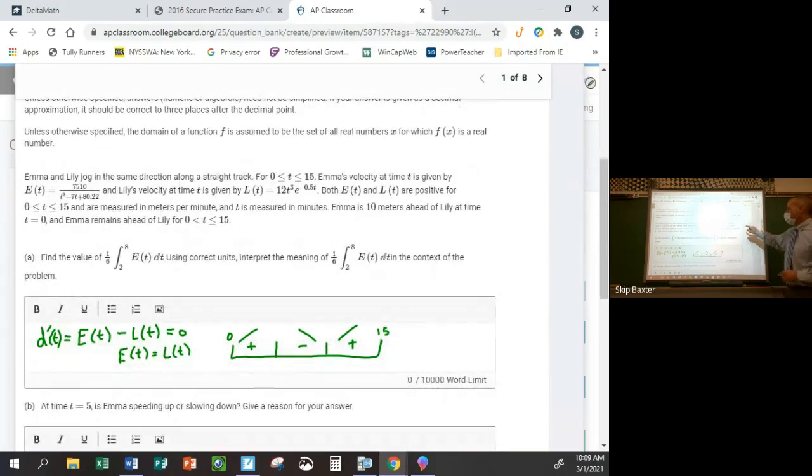We don't know their positions, but we know that Emma is 10 meters ahead of Lily. So let's just assume that Emma's position is 10 and Lily's position is 0 at that moment. Then use FTC part 1 to figure out Emma's position and Lily's position at each of those times, and compare them and see which one's further apart. That make sense? Okay.